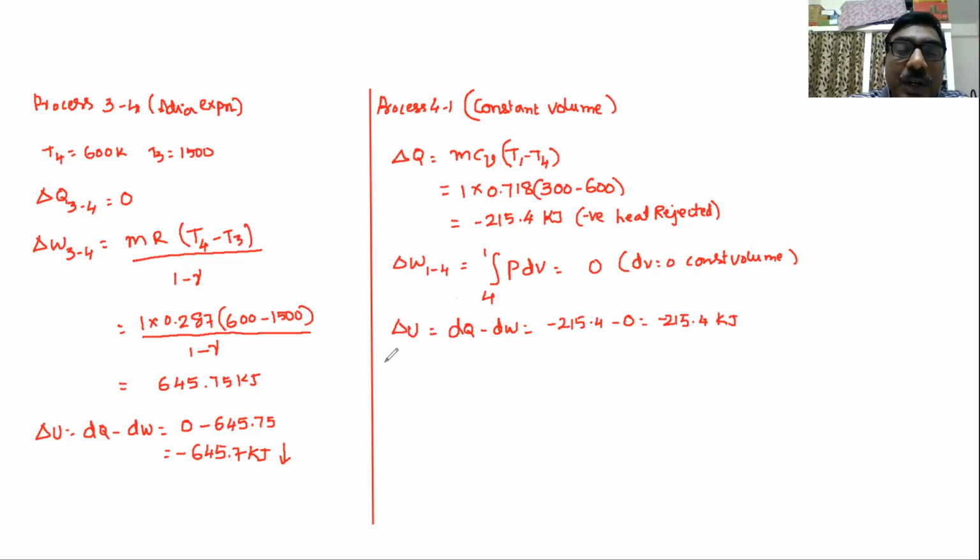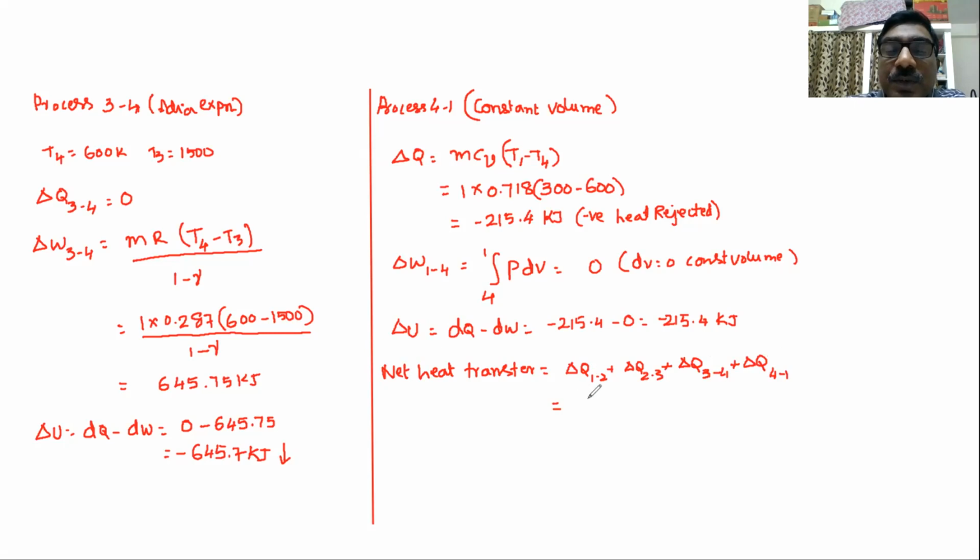So what is the total net heat transfer out of all the processes? That means delta Q 1 to 2 plus delta Q 2 to 3 plus delta Q 3 to 4 plus delta Q 4 to 1.